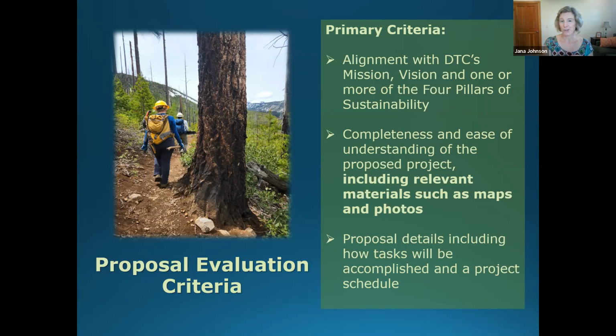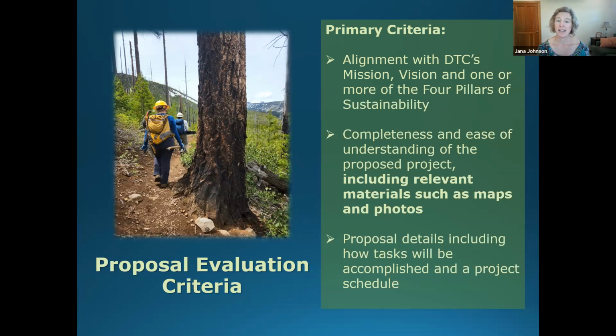We understand also that every project might not align with all 4 pillars. Maybe your project is focusing on diversity, equity, inclusion. Well, maybe that's not a direct tie to, say, the environmental sustainability of the trails, but it is supporting the social sustainability of our trails. So really, it's one or more of those, and it's going to really vary on the project.